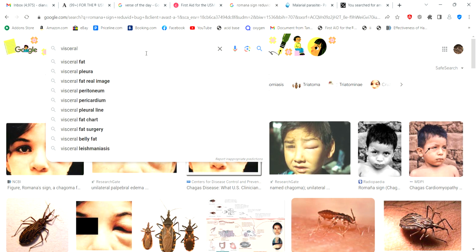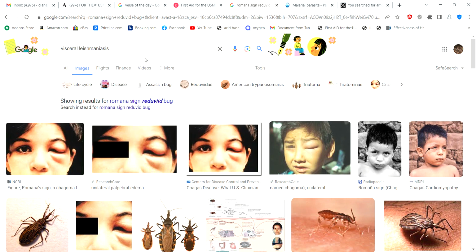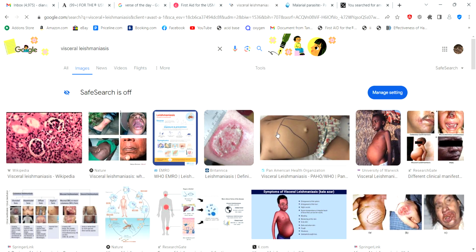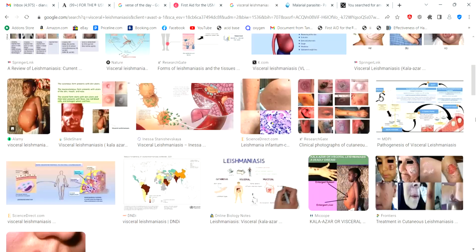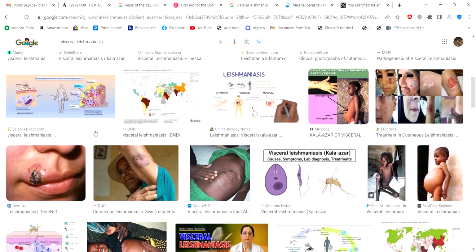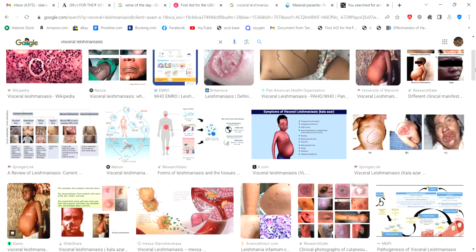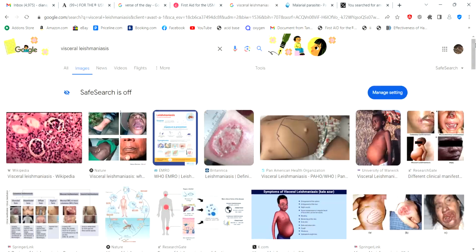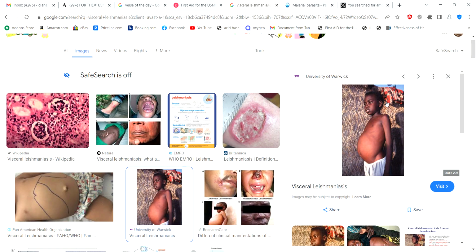Visceral leishmaniasis. See this visceral leishmaniasis. Okay, so you see spiking fevers, hepatosplenomegaly, pancytopenia.